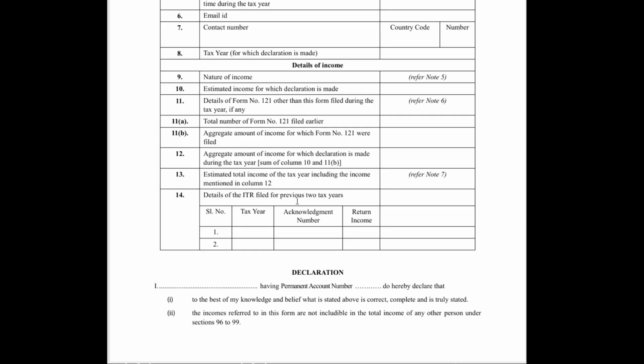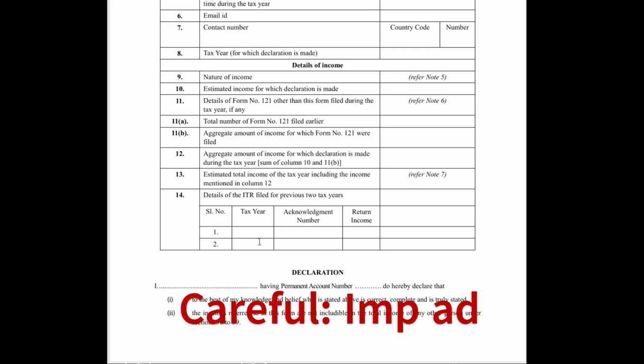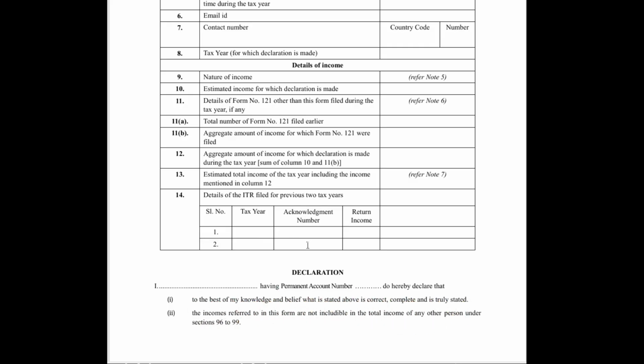And then if you have filed any ITR for the previous two tax years, you have to mention the tax year, the acknowledgement number, and the return income which you have filed. So that has to be captured here.